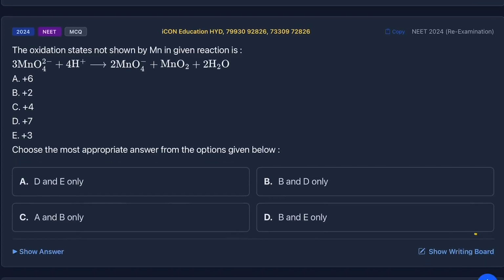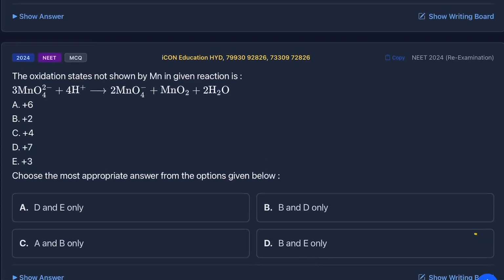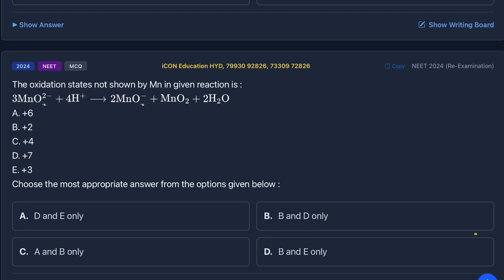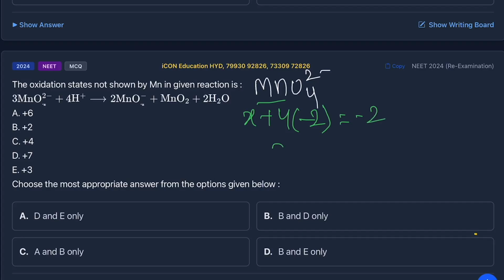First of all, we can find the oxidation state of MnO4 2-. In this, for manganese, we have to find x plus 4 into -2 equal to -2.